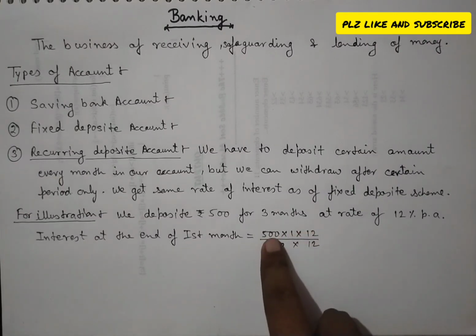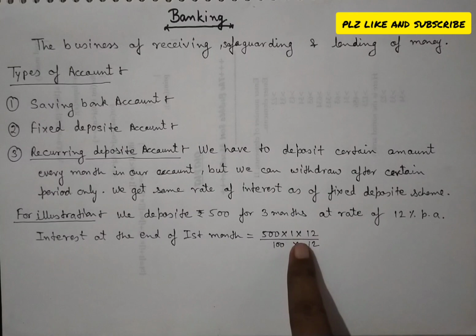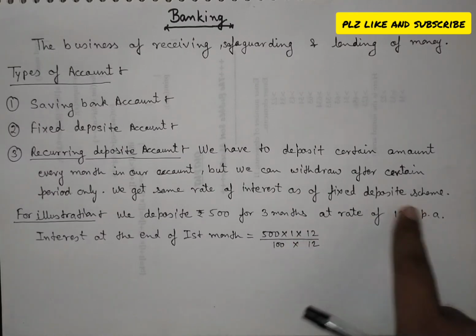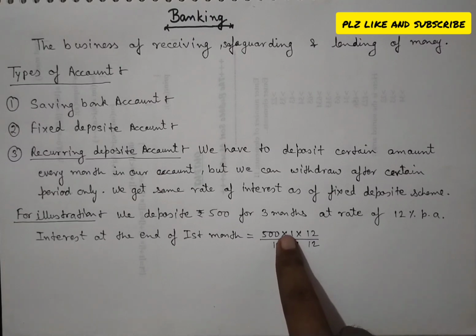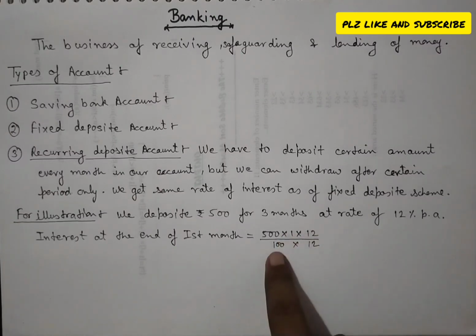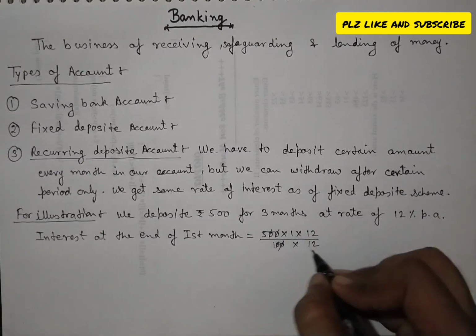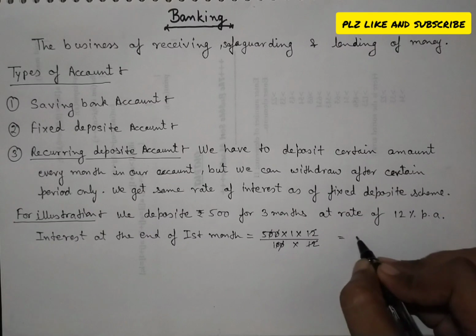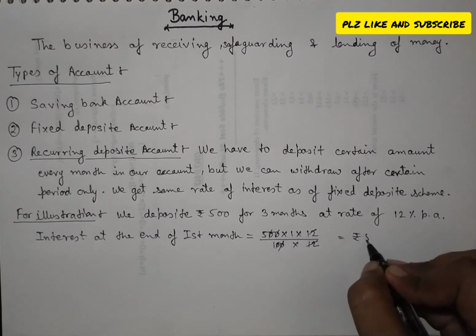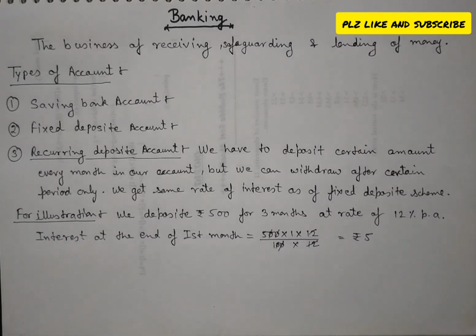So here principal is 500, rate we are having 12%, time we are having 1 upon 12, that is 1 month, upon 100 because of the percentage of the rate. Now we solve it, cancel it out, and we get rupees 5 as the interest for the first month.